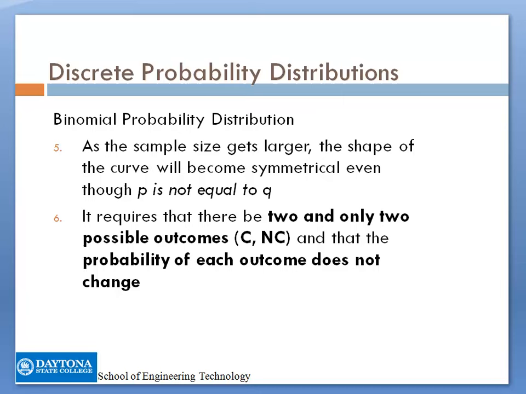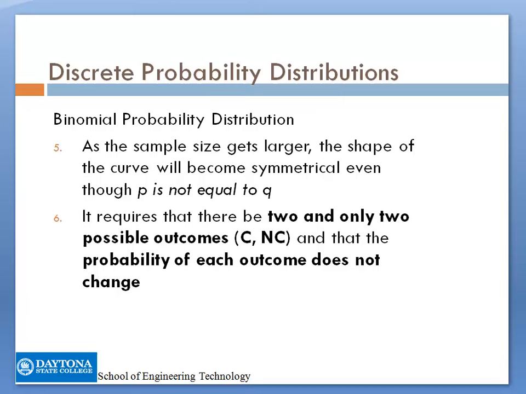Okay, so as the sample size gets larger, the shape of the curve will become symmetrical, even though P is not equal to Q. So the probability of having a successful outcome is not equal to the probability of having a failure. Now, it is required that there be two and only two possible outcomes.